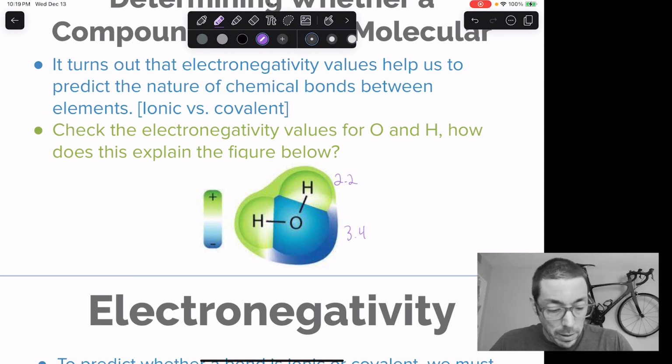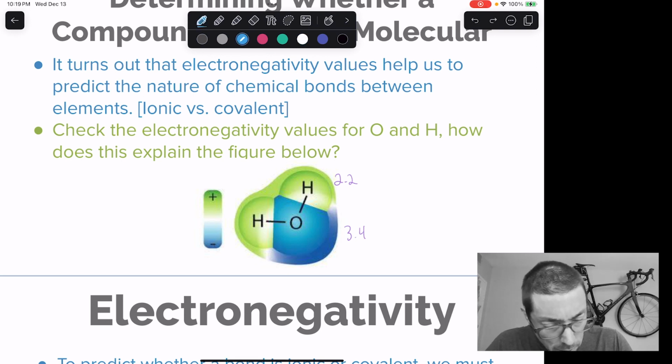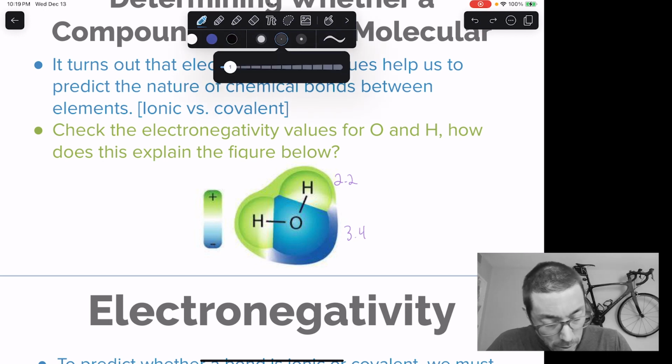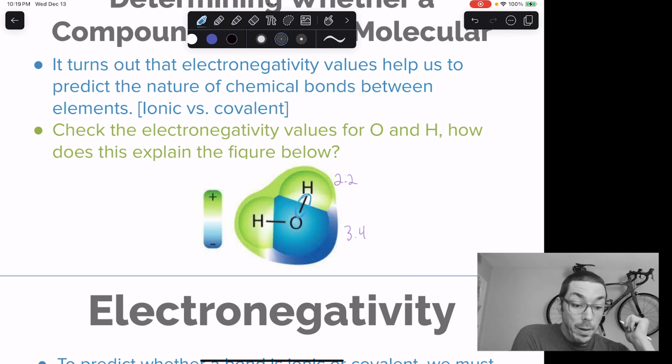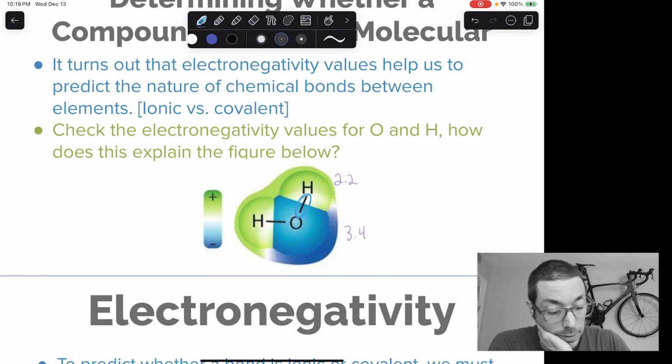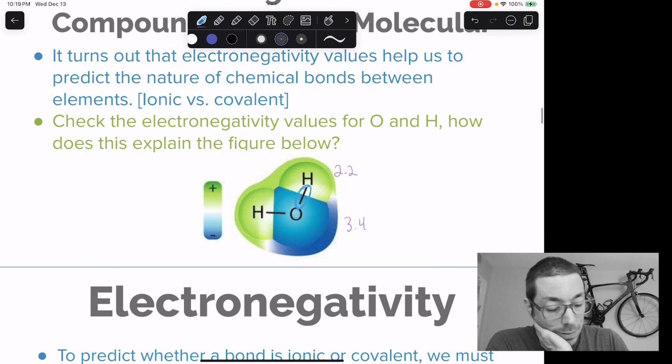So we can look at either bond, it doesn't really matter. So let's just look at this bond right here. We know that there's two electrons in there, right? And they're being shared between O and H. So the difference in electronegativity, we can write that as a short form.